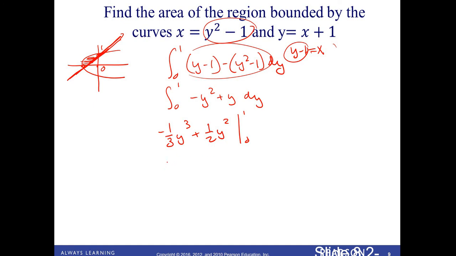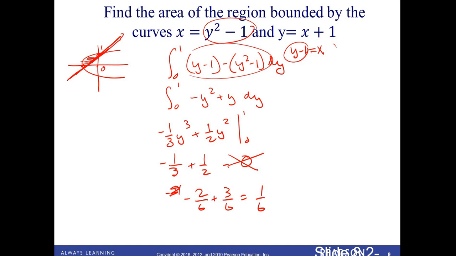And I am going to plug in my 1, negative 1/3 plus 1/2, minus that whole thing will be zeros when I plug in 0. So negative 1/3 plus 1/2 is negative 2/6 plus 3/6, which is 1/6.